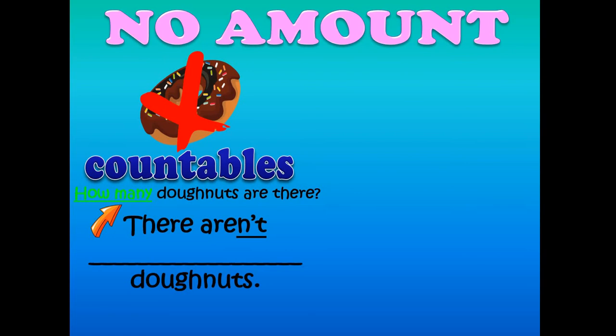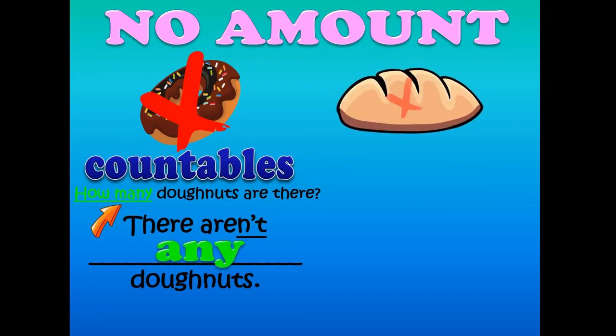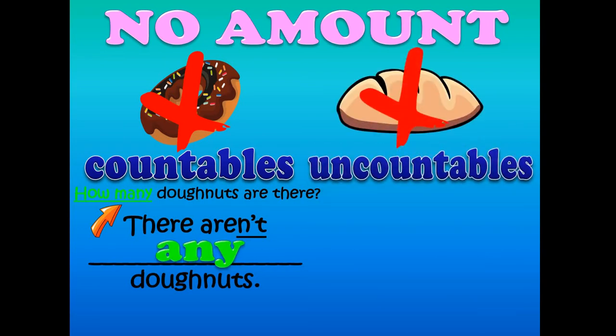You can't say there aren't many donuts as you have 0 donuts. So the answer can be there aren't any donuts. My lovely boys, here, any means no. There aren't any donuts means you have 0 donuts.